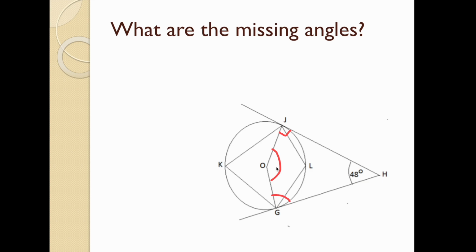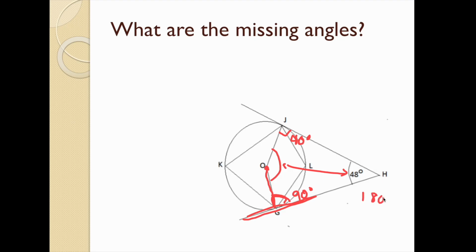Alright, so let's go through it now. So what is this angle here, ladies and gentlemen? It's going to be 90 because we have a radius here and we have a tangent here. Okay, so together these form 90 degrees. So here it's going to be 90 degrees, just like here is going to be 90 degrees. And then remember, these opposite angles should add up to 180.